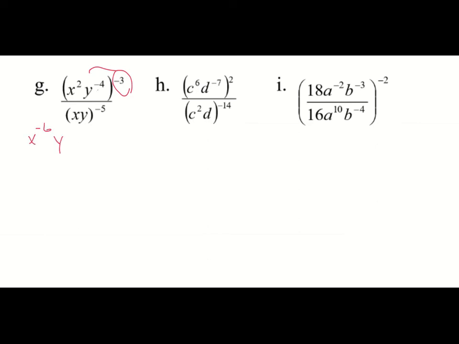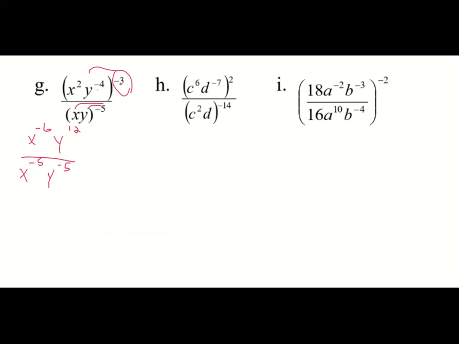And then negative 4 times negative 3 will give me y to the 12th power. Now, down at the bottom, we actually have to do a double distributing here. Or actually, never mind. That negative 3 is everything on the top because it's in the parentheses. The negative 5 goes to everything on the bottom. My apologies. So we're going to have x to the negative 5th power and then y to the negative 5th power because we distributed everything in those parentheses.